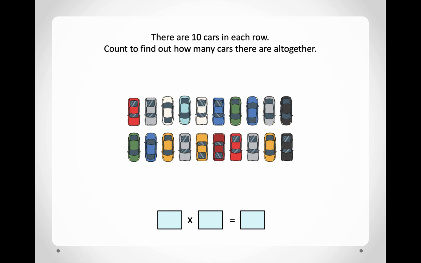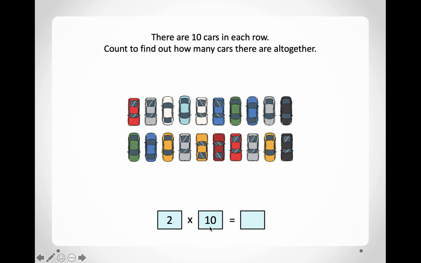Here there are 10 cars in each row. Count to find out how many cars there are all together. Now instead of saying 2 plus 2 plus 2 plus 2 plus 2 plus 2 plus 2 plus 2 plus 2 plus 2, we can just say there are 2 rows and there are 10 in each row.